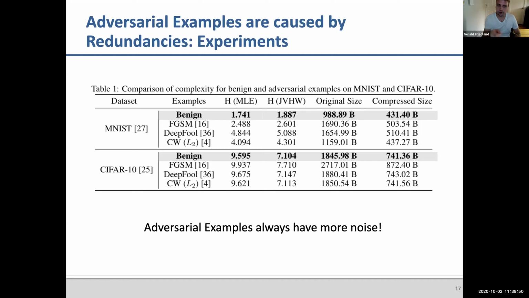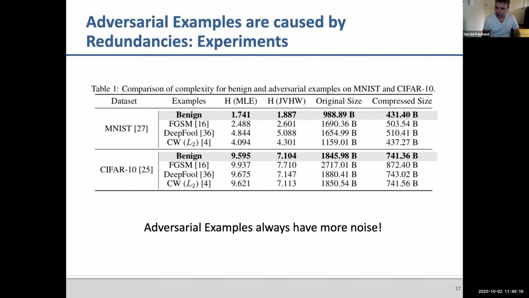And it turns out in all the data sets here, for DeepFool and CW, if you measure the complexity, it is always higher. What it means is there's always more information in the adversarial examples than in the non-adversarial examples, giving you further evidence that there's exactly this extra noise added that makes the problem.